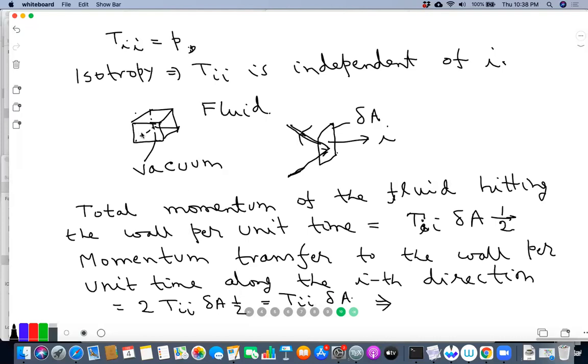So this gives the pressure, which is force per unit area, is T^ii. So in other words, P of t can be interpreted as pressure.